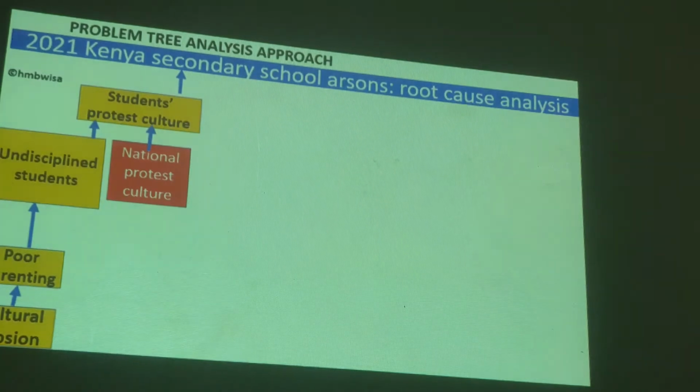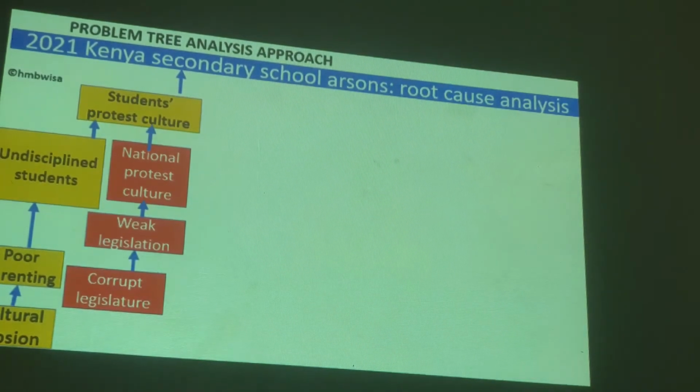But student protest culture can also result from the national protest culture. When there is weak legislation, it may lead to national protest culture. And why weak legislation? Probably corrupt legislature.